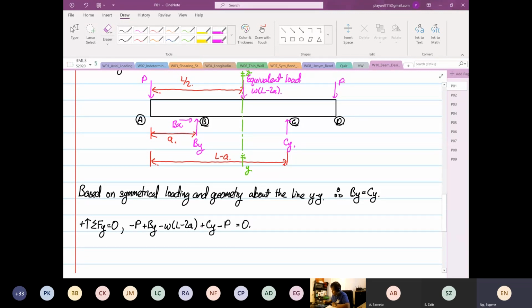Okay, so because the fact that By is equal to Cy, you will write this as 2By, right, minus omega times L minus 2A minus 2P, the whole thing is equal to 0. What we have done is we have replaced Cy with By. That's why we call it 2By. So therefore, it's 2P.